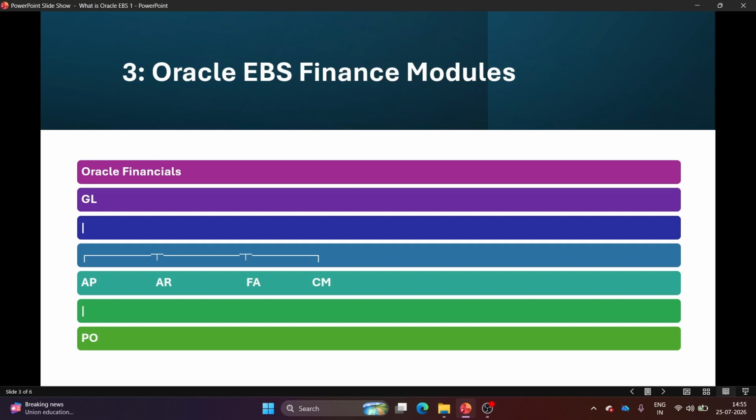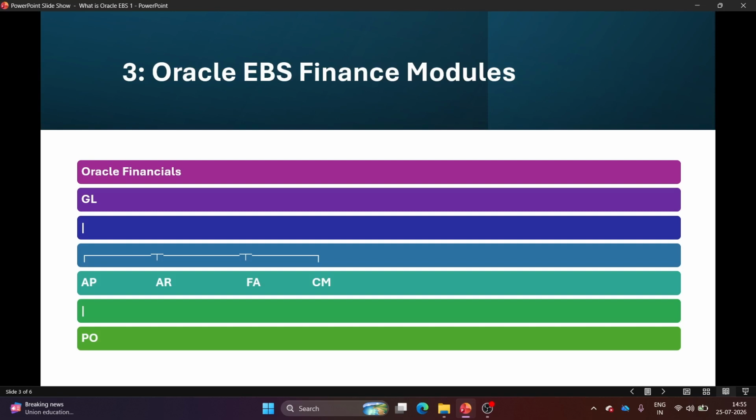Coming to CM. CM stands for Cash Management. Cash Management helps reconcile bank statements with accounting transactions. Move on to PO. PO stands for purchasing, and purchasing manages purchase requisitions, purchase orders, and supplier procurement. All these modules work together and share information across Oracle EBS.